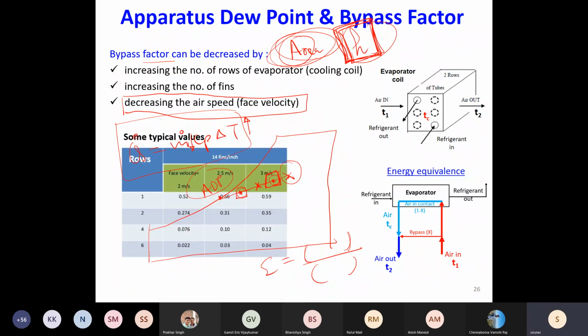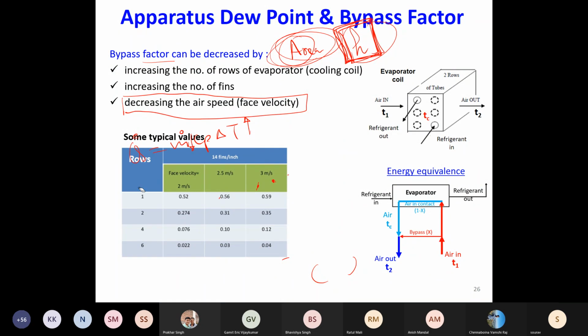Actual experimental data I have given over here. If you have more number of rows, so this is bypass factor. So if you have to get back the effectiveness, you have to do 1 minus bypass factor.